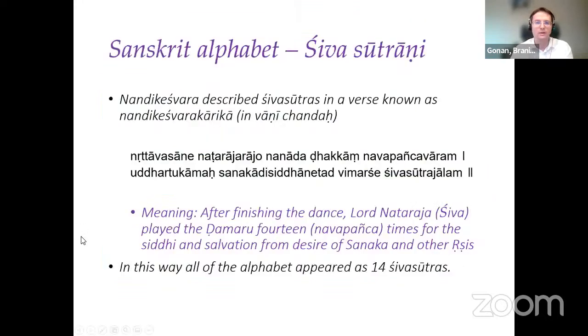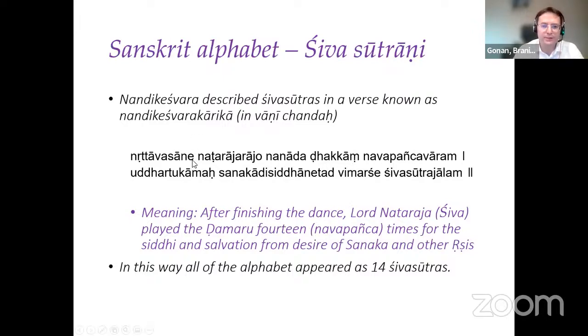Okay, and now, okay, super. Now I am going to chant this Shiva Sutrani part. So Nandikeshvara described Shiva Sutras, right, in a verse known as Nandikeshvara Karika.